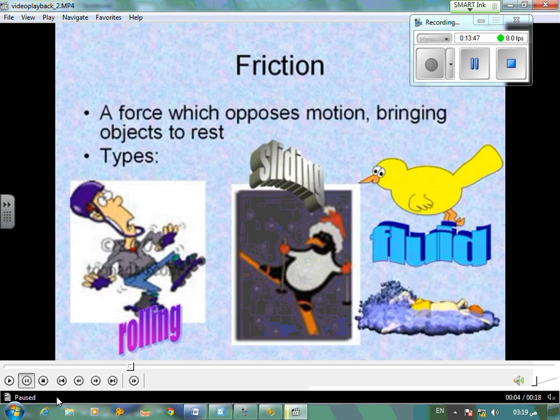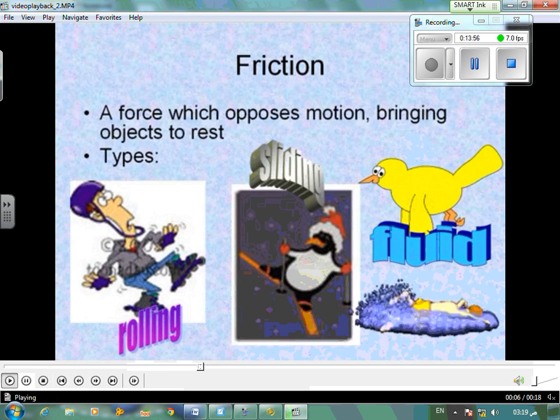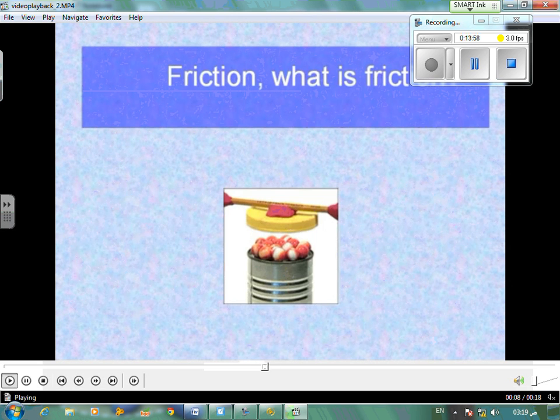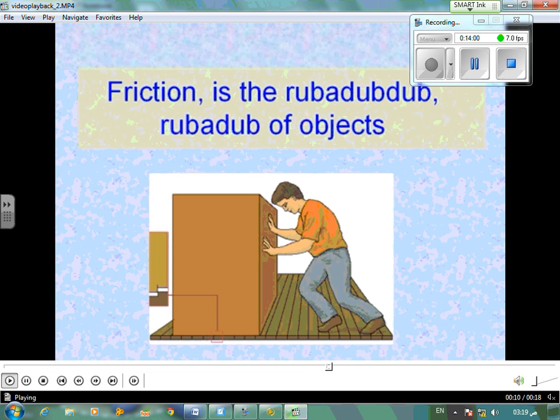We found that the friction force is in the opposite direction of the movement. Look at this picture. Look at this picture carefully.